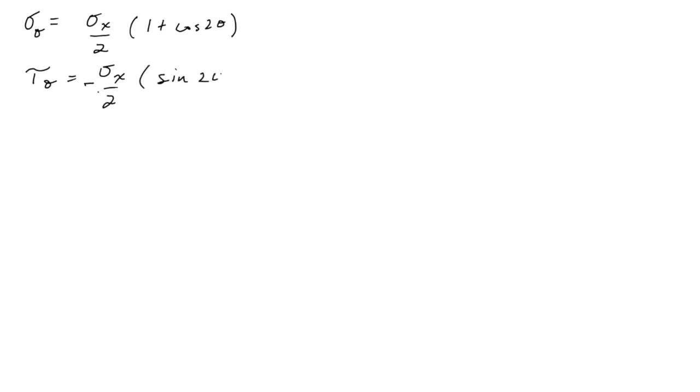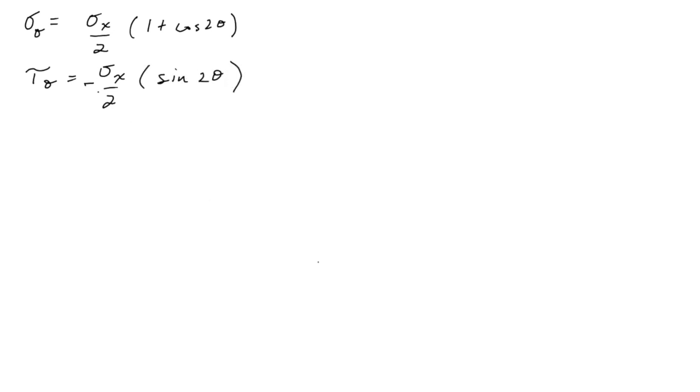Okay, so if I plot these equations, let me rewrite them just so we have them in front of us. I have this equation here: sigma theta is sigma x over 2 times 1 plus cosine of 2 theta, and tau theta is sigma x over 2 times minus sine of 2 theta.